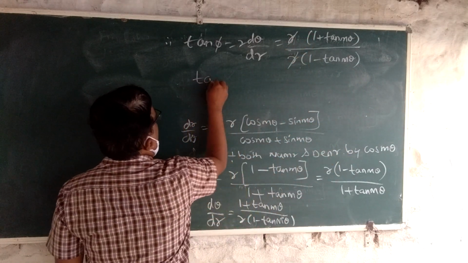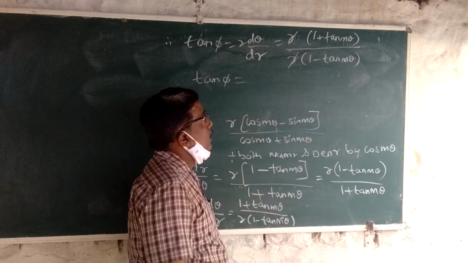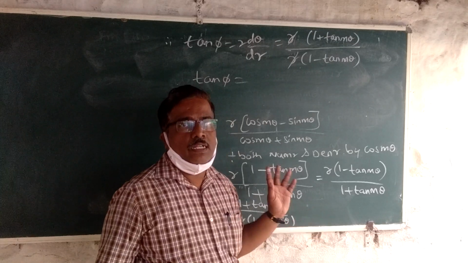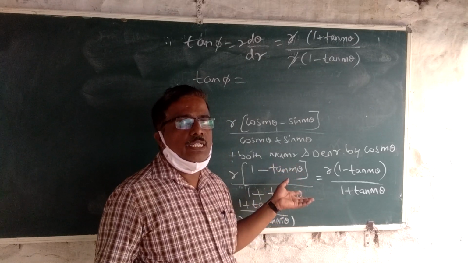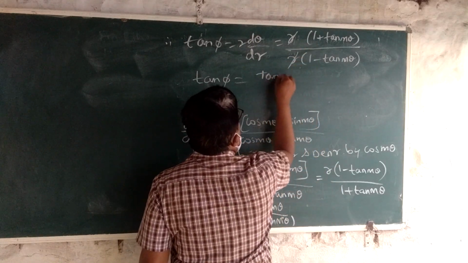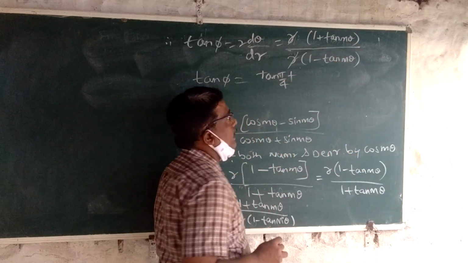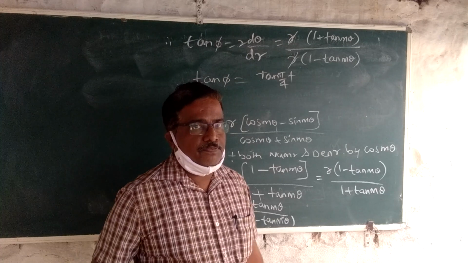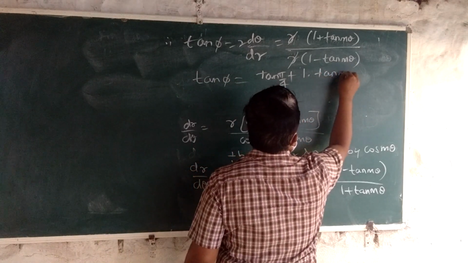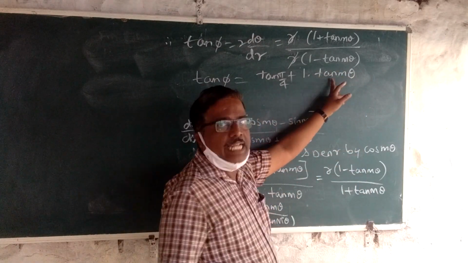So tan phi is equal to, now 1 is nothing but tan pi by 4, correct? Because tan 45 degrees is always 1. So pi by 4 means tan pi by 4 is 1. So here I can replace this 1 as tan pi by 4. Similarly, tan m theta can be written as 1 into tan m theta, because 1 into tan m theta is again tan m theta.